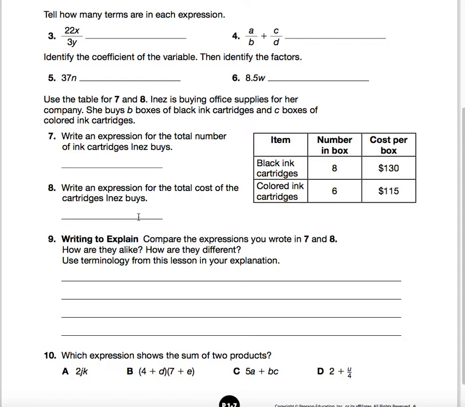They are different in the sense that they're going to use different coefficients in each expression. So they're alike in the sense that they both have 2 terms and they both use the same variables. They're different in the sense that they have different coefficients. Okay, and number 10 we'll let you figure out on your own.